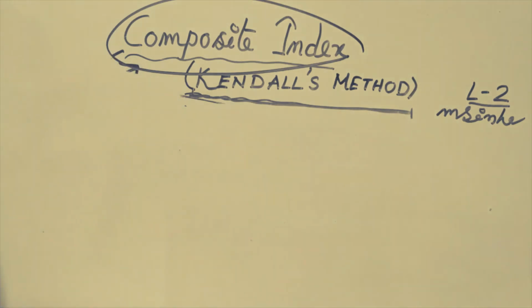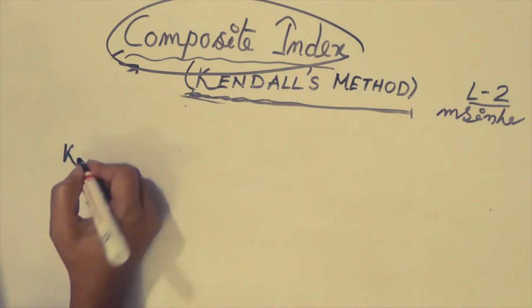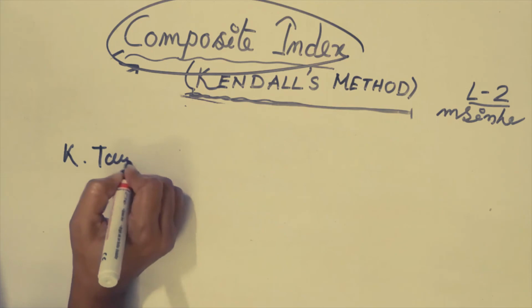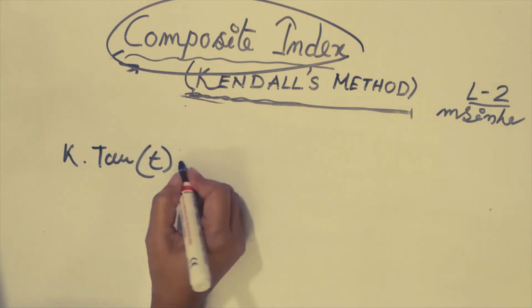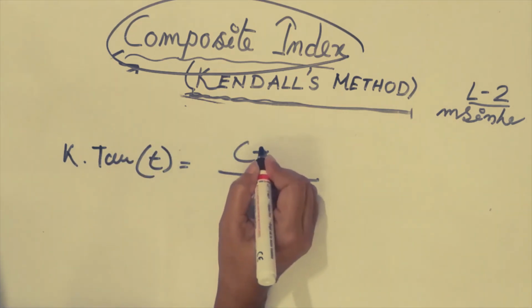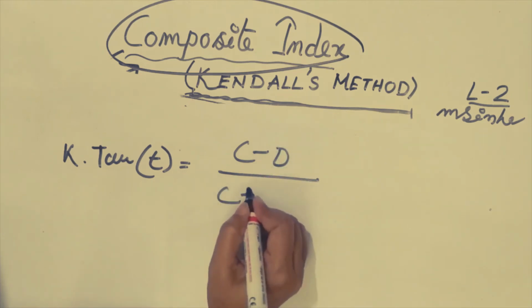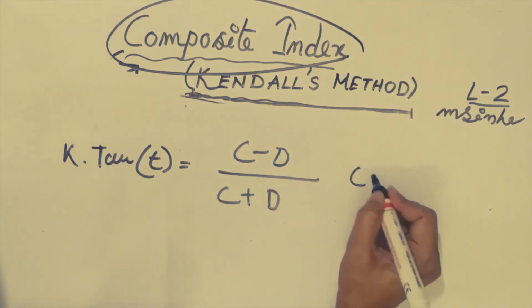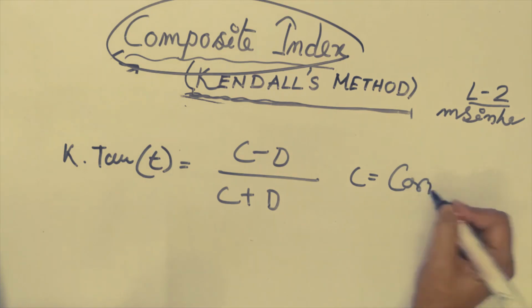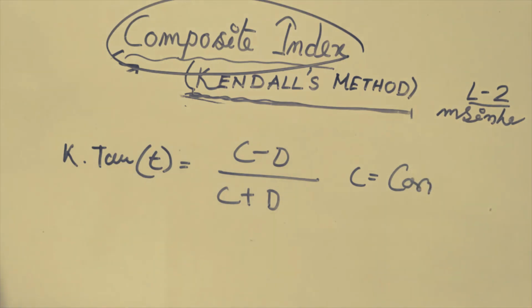Here I would like to mention one thing. What is the real formula, the main formula of Kendall's correlation? Kendall's tau formula is (C minus D) divided by (C plus D), where C is the concordant value and D is discordant. Concordant means similar, discordant means dissimilar.